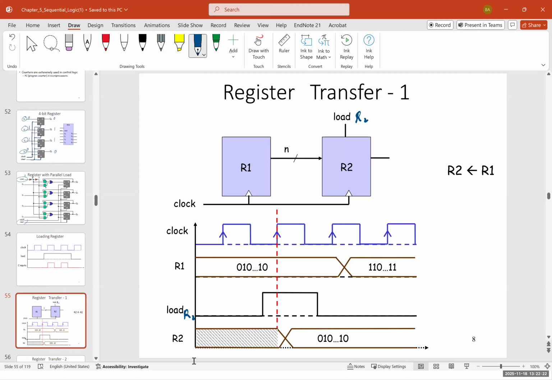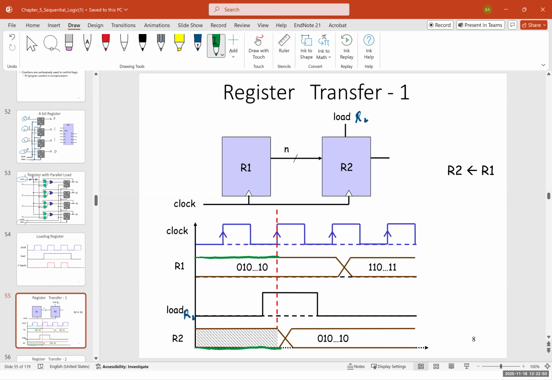And we can see here that, for example, when R1 is 1, R2 is 0, and it won't change. Okay, I'm going to draw it with a different color, with green. So imagine R1 is initially 1. At this point, R2 is 0, for example.